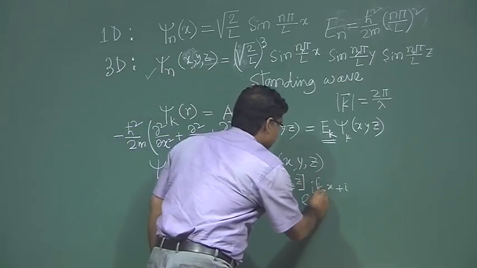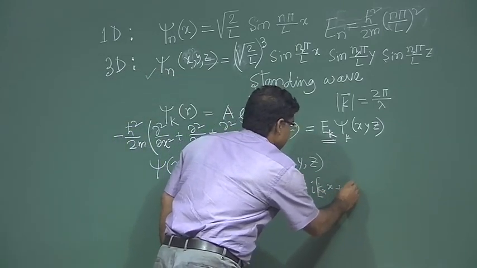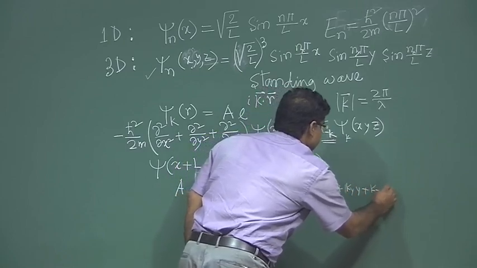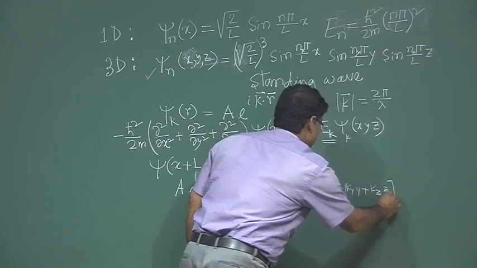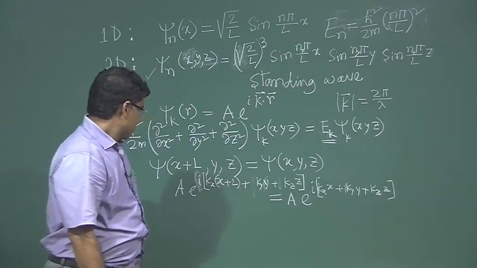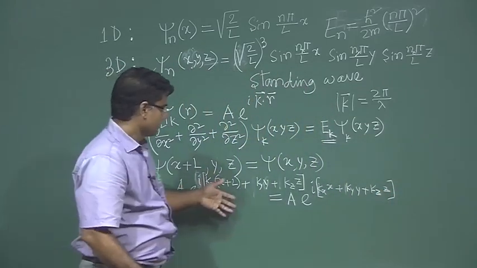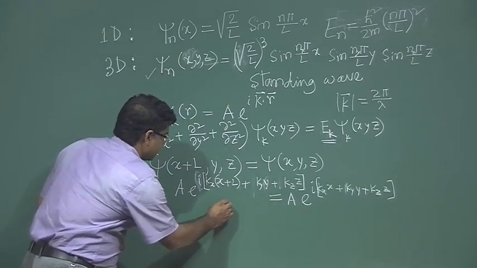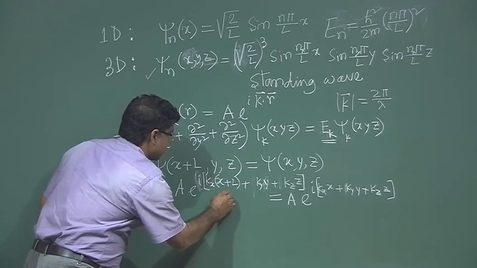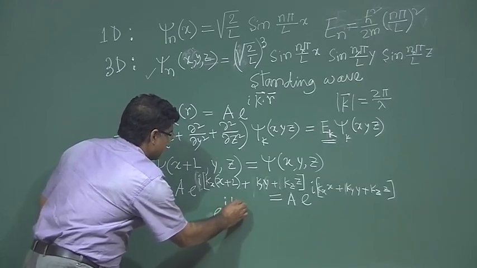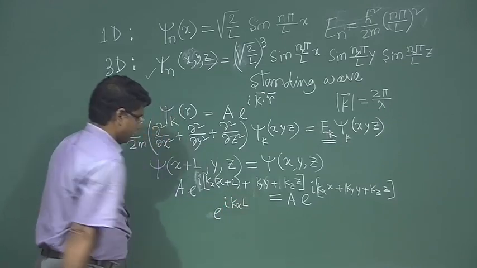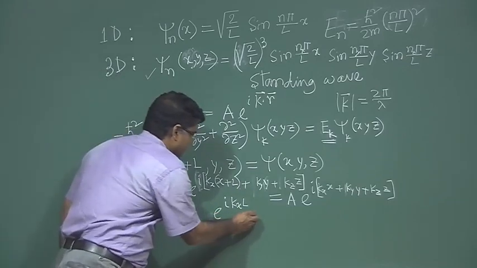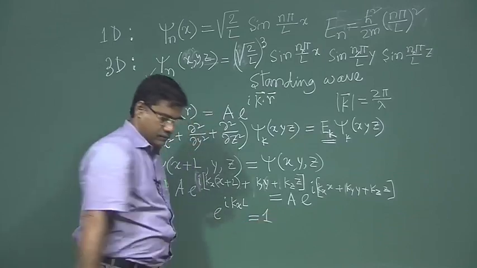So, here k_x x plus k_y y plus k_z z, okay. So, obviously, from here you can tell that e to the power i k_x L has to be 1, right.